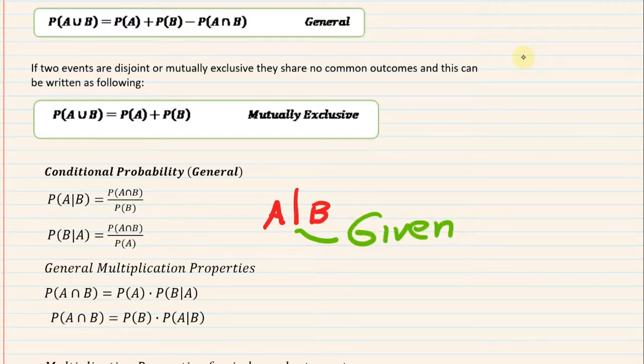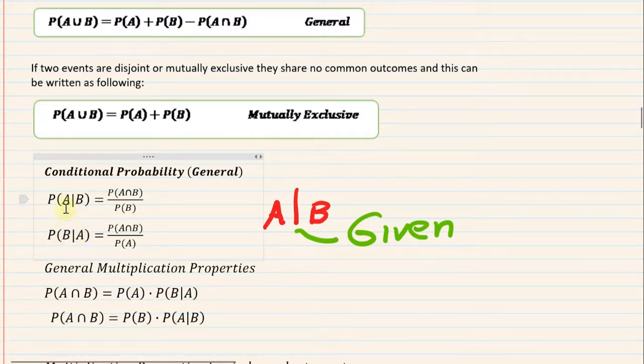The way we read this conditional probability formula is that we're looking at the probability of event A given B has occurred. So the probability of A given B has occurred already is the probability of A and B divided by the probability of B. And there's also a second formula, the probability of B given A has occurred.